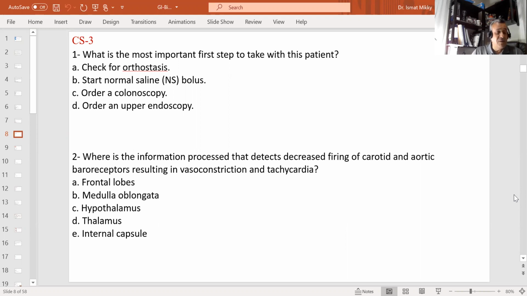So when there is an increase in pulse rate of more than 10 beats per minute, or when there is a decrease in systolic blood pressure of more than 20 millimeters Hg, we can say orthostasis when there is about 15 to 20% volume loss.